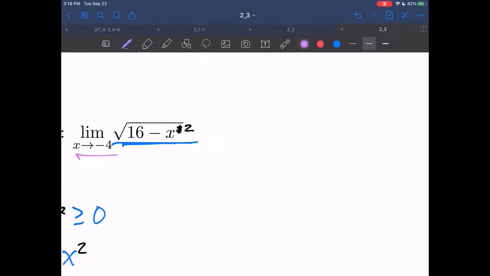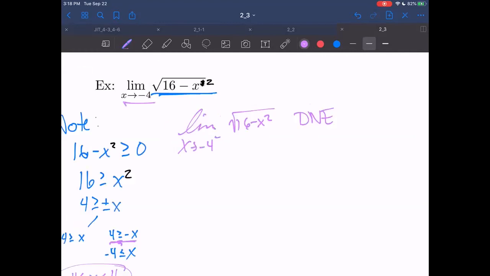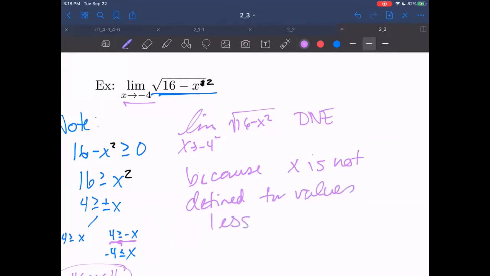And so we see that, oh, well, the limit as x approaches negative 4 from the left of 16 minus x squared does not exist, okay? And it does not exist because negative x is not defined for values less than 4, or negative 4.